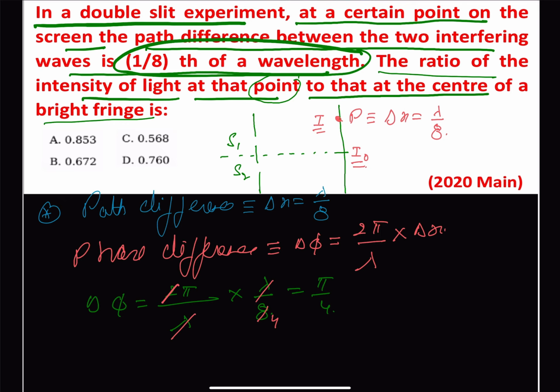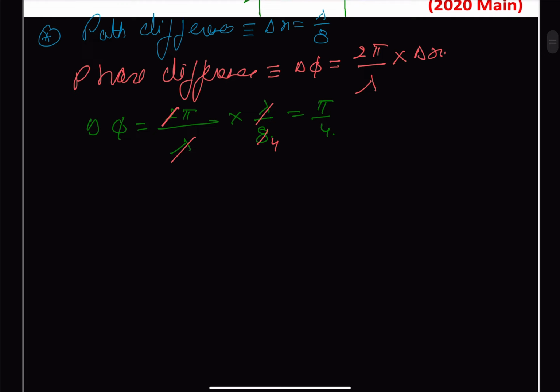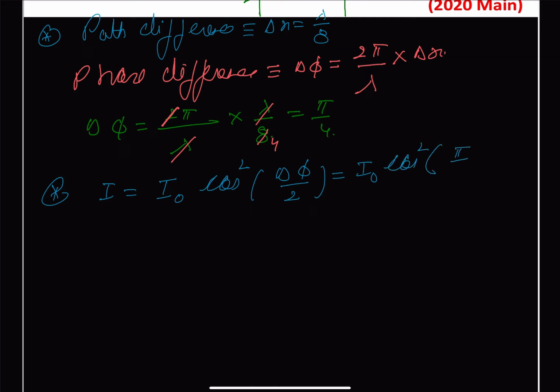And the relationship between the intensities, you can say that I will be equal to I naught cos square of delta phi by 2. Delta phi we just found out, so we can write this as I naught cos square pi by 8. And we need the ratio of I by I naught.